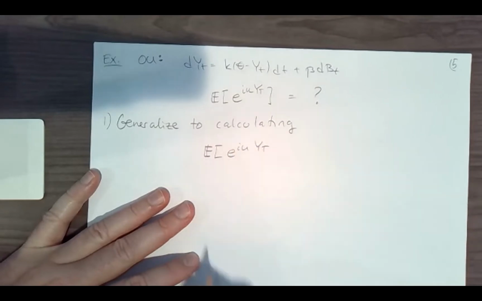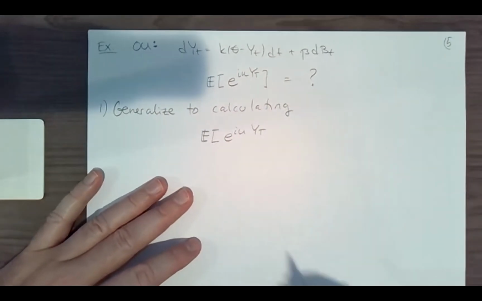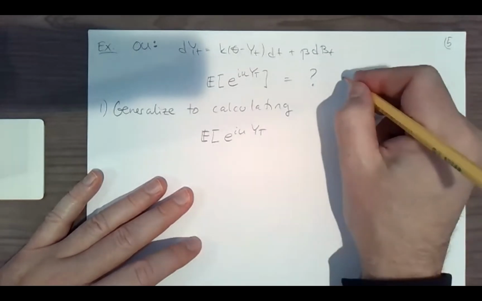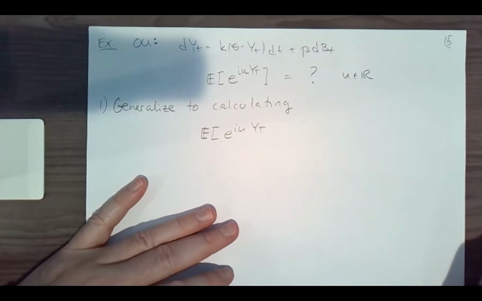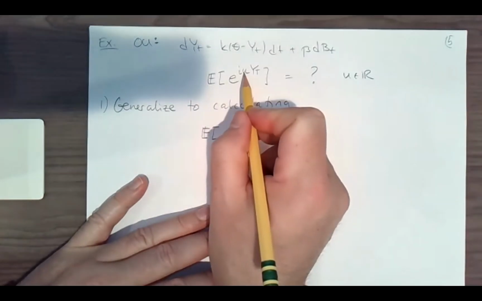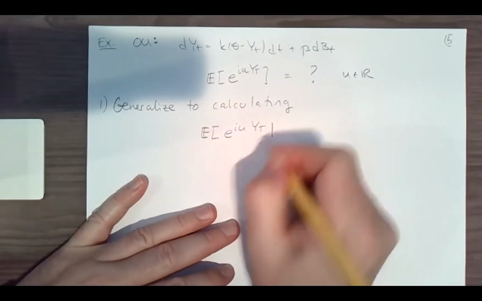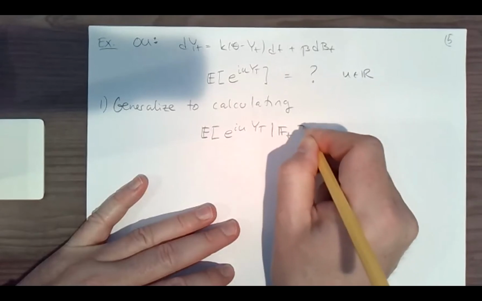Here, this is where it becomes crucial that you keep track of all the coefficients. So u is the Fourier variable, right? u here is in R. This is the dummy variable that goes into the Fourier function. So that's the u here. And now you condition on F_t.